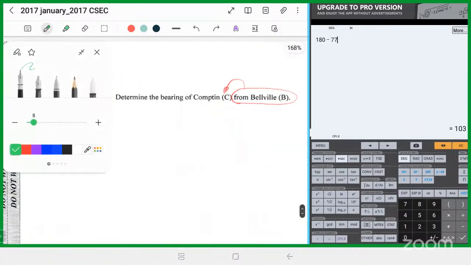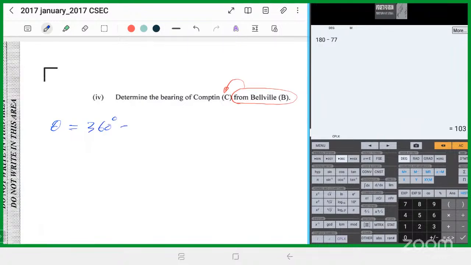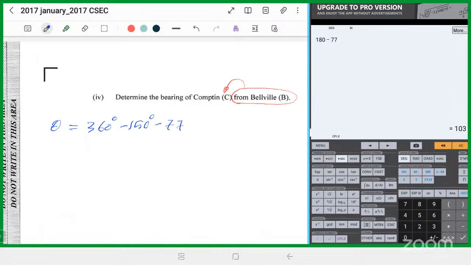Let me write both of them. The first method was to say the angle that they want, theta, is 360 minus the 150 over there and minus the 77. That gives us 133 degrees.